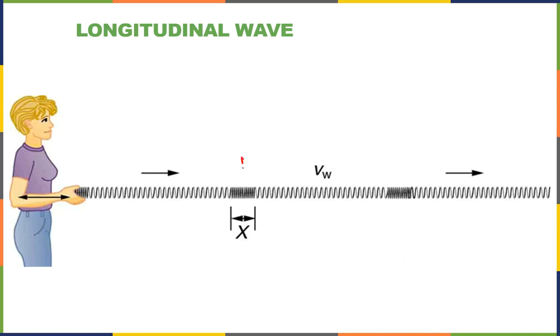The middle of one compression to the middle of the next. Right. Now the amplitude is going to be harder to determine here because the amplitude is how far that piece of the slinky has displaced from where it normally would be. And that's kind of hard to figure out looking at a picture like this. Sound is an example of a longitudinal wave.